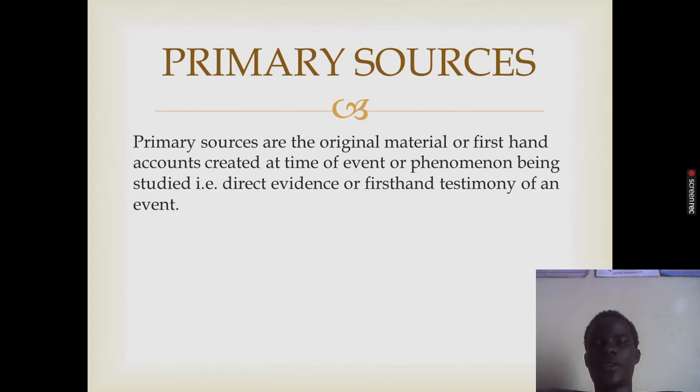Say in court, what happened exactly on the night being discussed, the witness would give their account according to what they saw that night, and it will be taken as an eyewitness account. Primary sources are the original material, which is very important if you need direct evidence or unfiltered views of an event. They are usually the original, the solid copy.